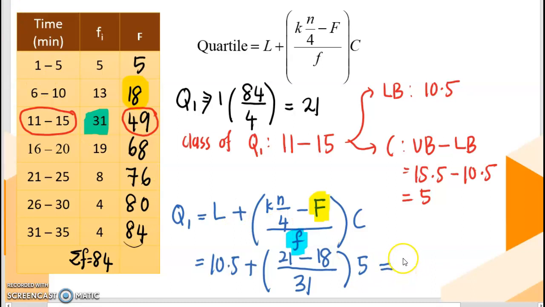Now Q1 is 10.98. So 10.98 belongs in this class, which is 11 until 15.